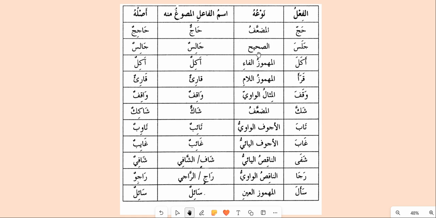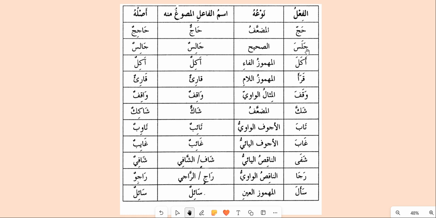Jalasa, it's as-sahih. Why is it called as-sahih? Actually, these names, when you come at the last page of this lesson, you will have a table on all types of verbs, and there you will find all these names. So I will just explain why they are called as-sahih or al-mahmuz, al-fa, what do they mean. So as-sahih means in this verb, do you find any hamza?